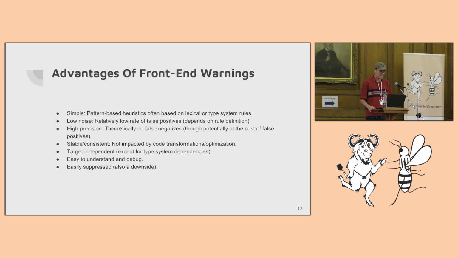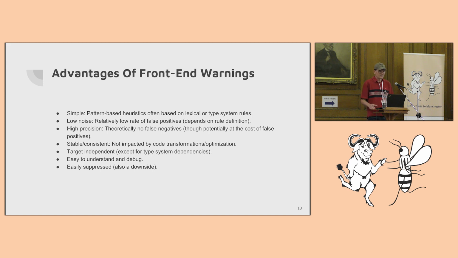It depends on the rule definition. We saw some examples. They are high precision. They have, in theory, again, no false negatives. But the absence of false negatives tends to come at the cost of false positives in some cases. Another advantage is that they are stable and consistent.